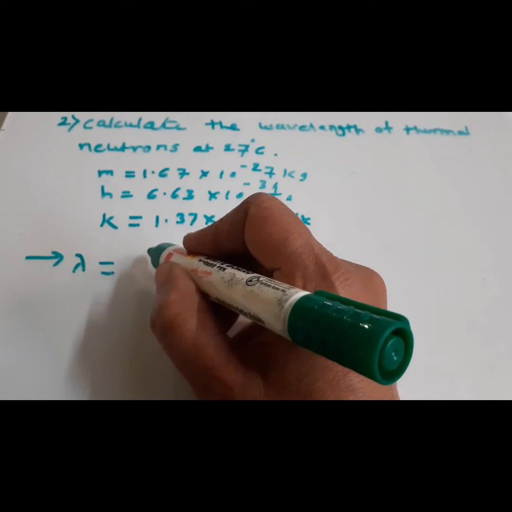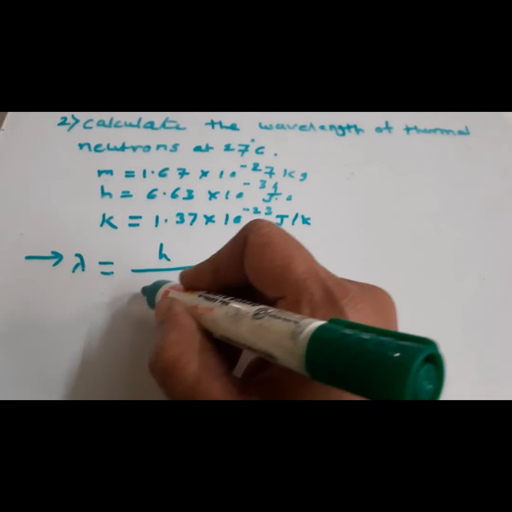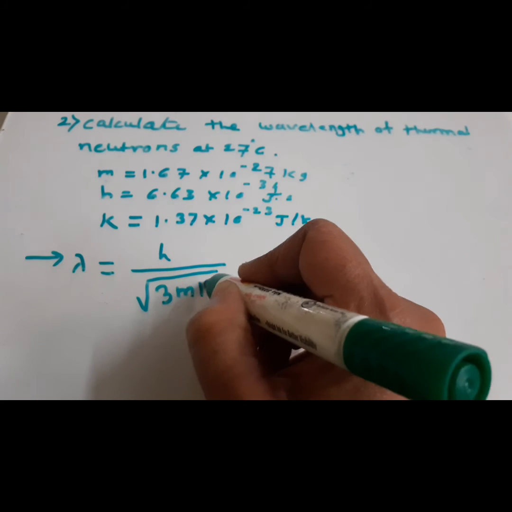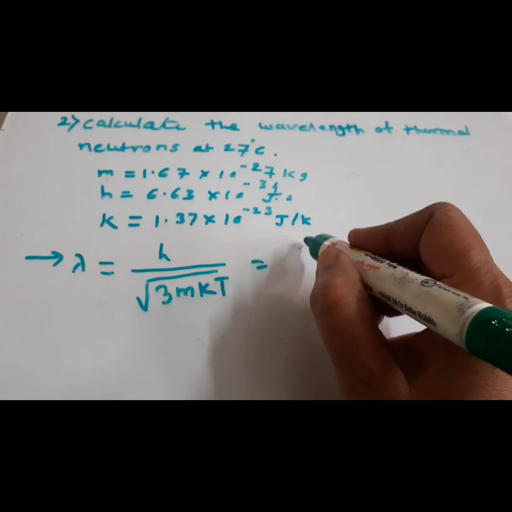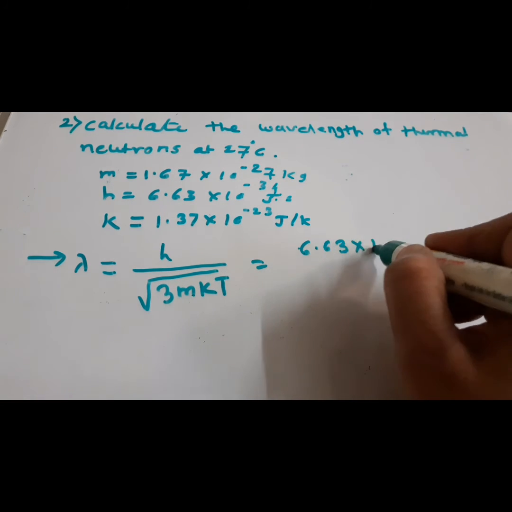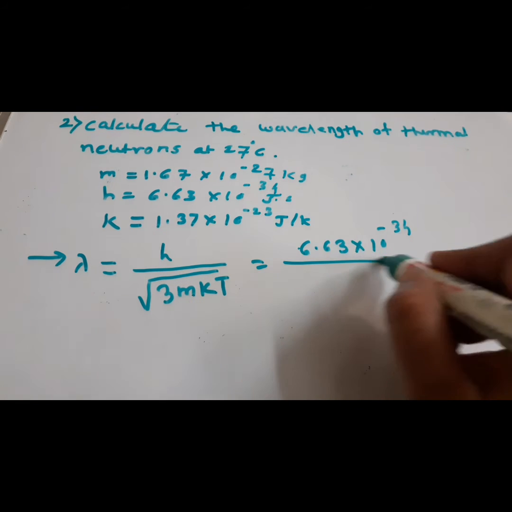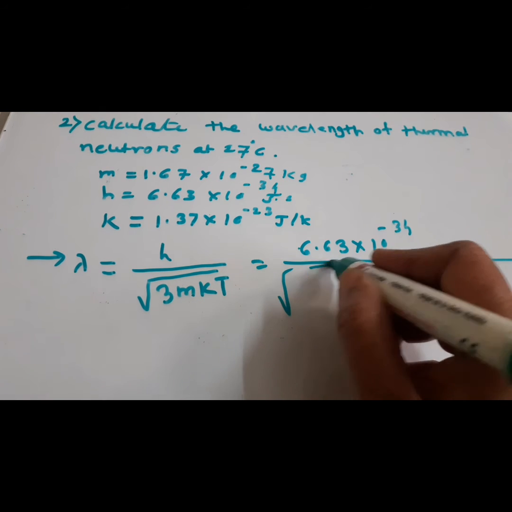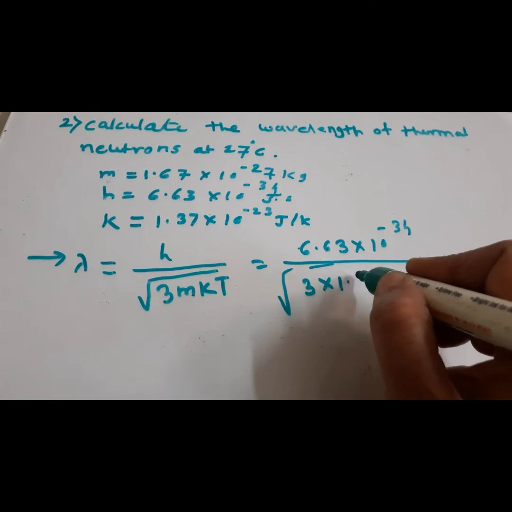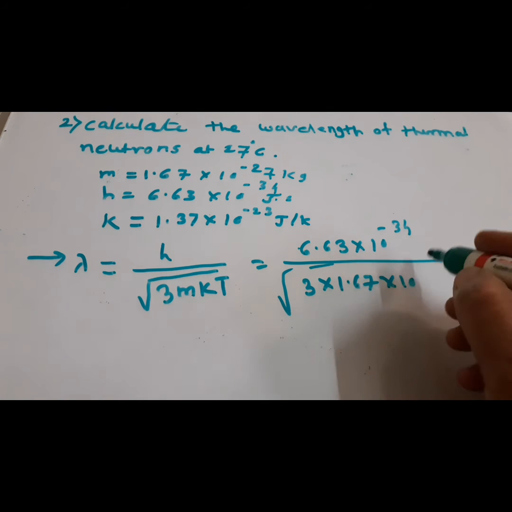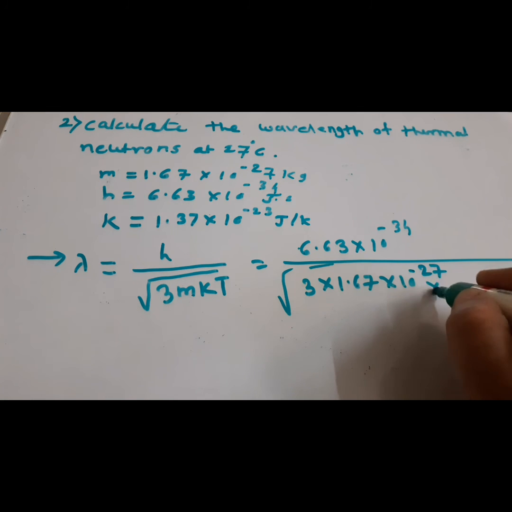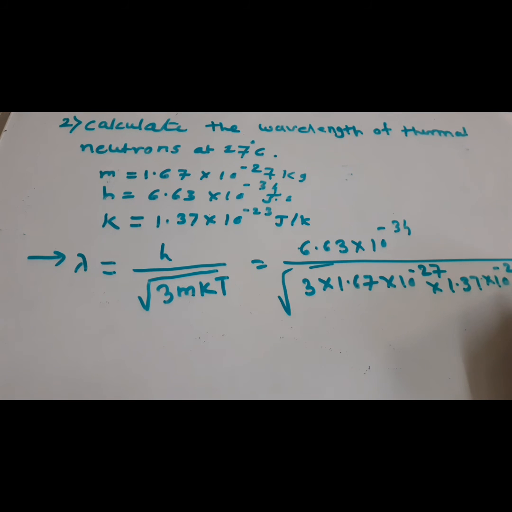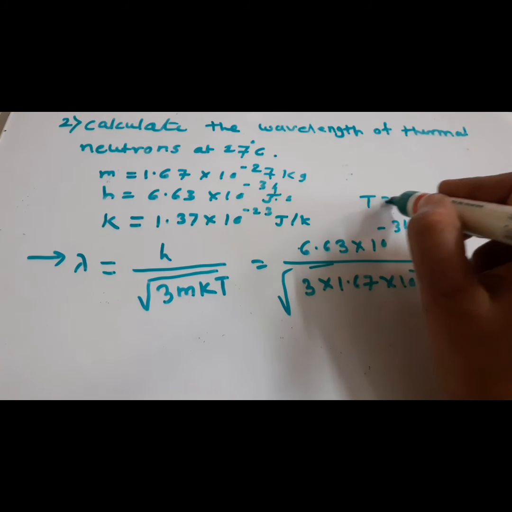We know the formula. Lambda is equal to h upon under root of 3mkT. That is equal to 6.63 into 10 to the power minus 34 divided by under root of 3 into 1.67 into 10 to the power minus 27 into 1.37 into 10 to the power minus 23 into T, where the temperature T is 27 degrees Celsius.